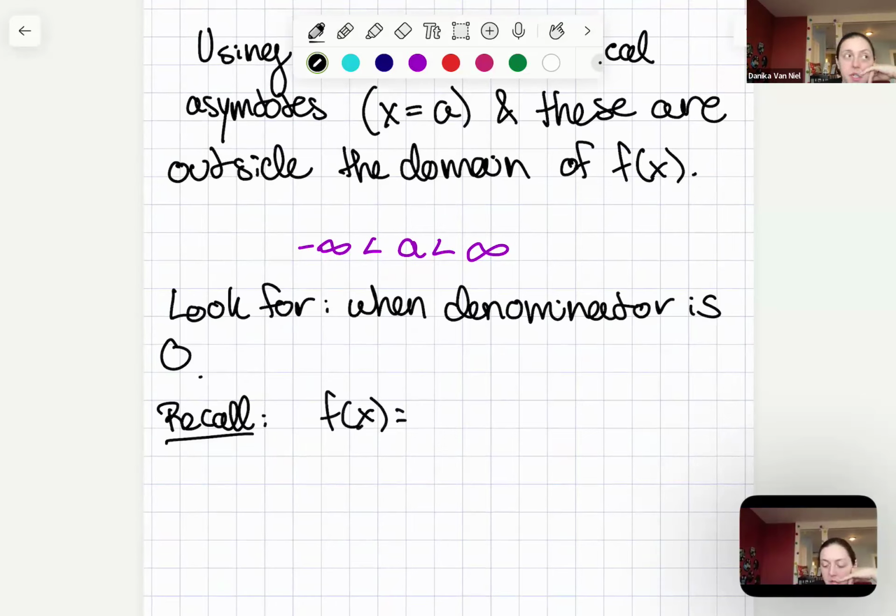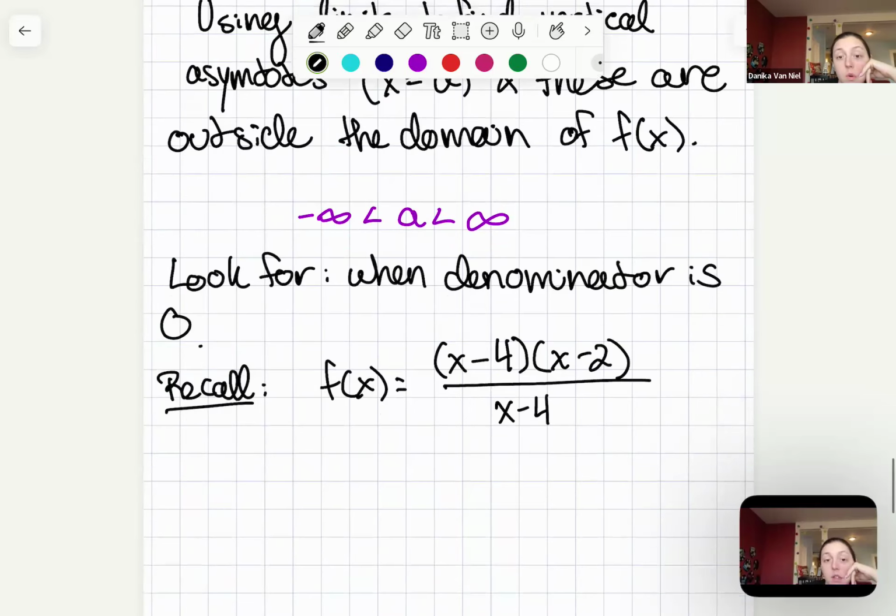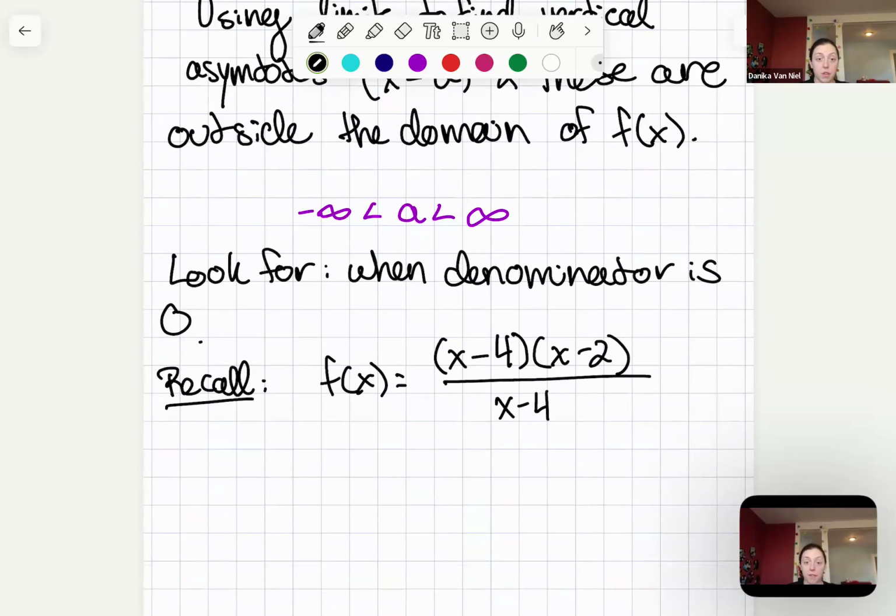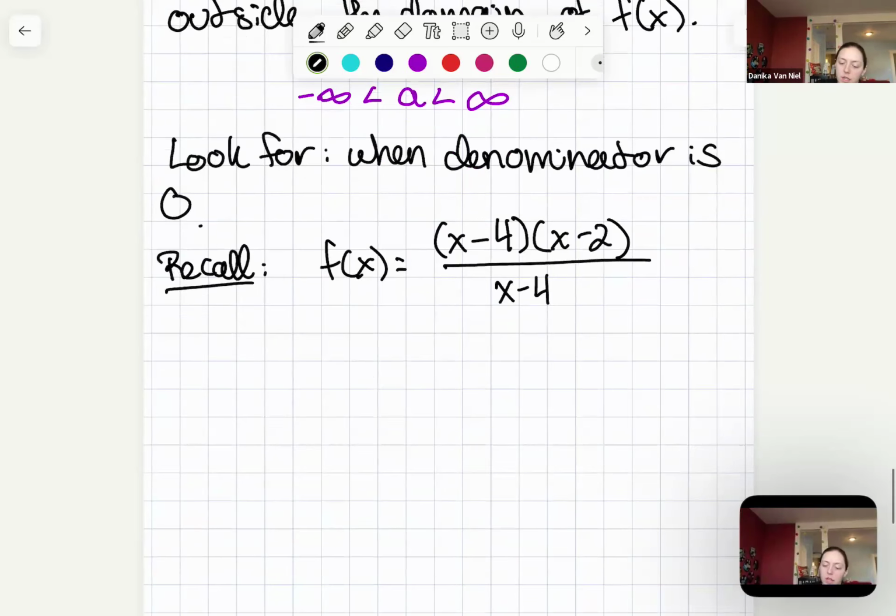We've looked at this function today, and I'll factor it already for us. So 4 is not in the domain of this because we can't divide by 0. So the denominator is 0 at x equals 4.